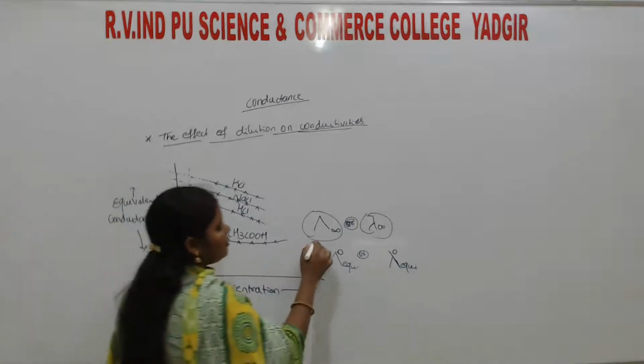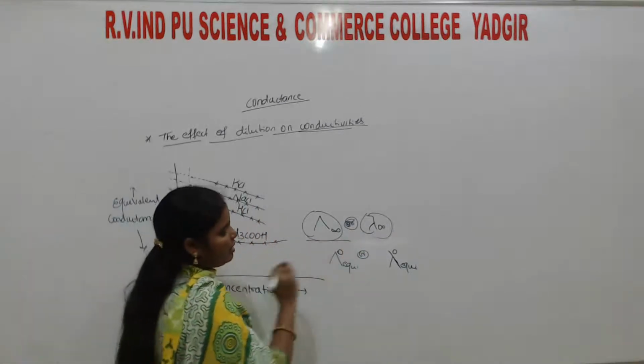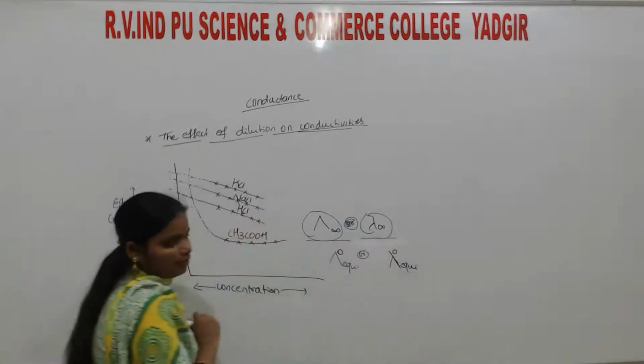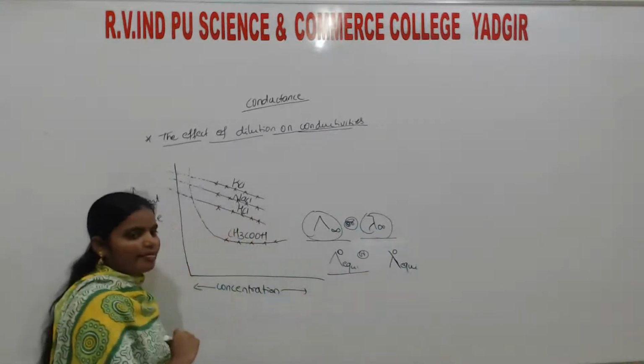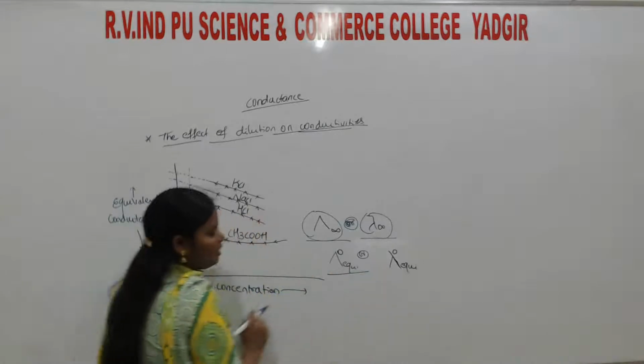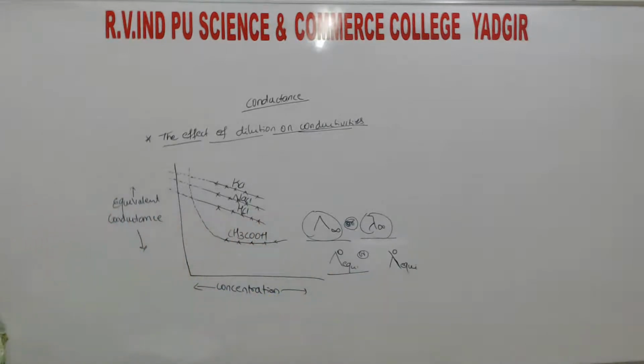For infinity we use lambda infinity, and for zero concentration we use lambda 0.